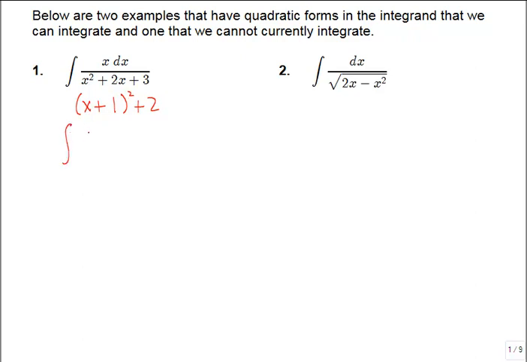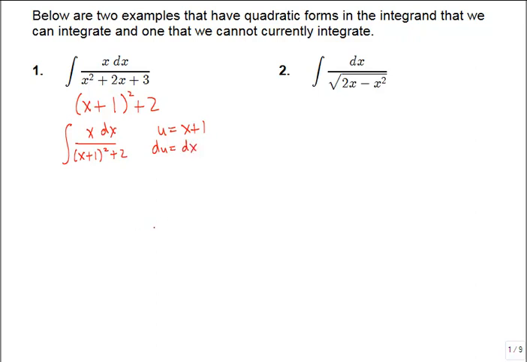So if we rewrite this integral as x dx over x plus 1 quantity squared plus 2, how does that help me? Well, what I can do now is a nice u-substitution. We have this inner function, x plus 1. So if we let u be that inner function, then du would be the derivative of x plus 1, which is just a 1 times dx.